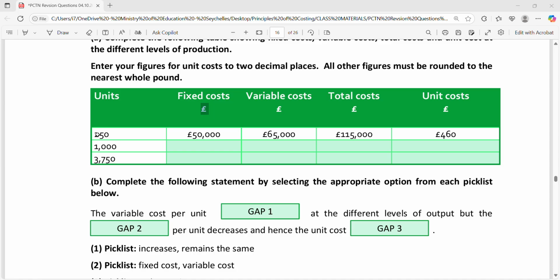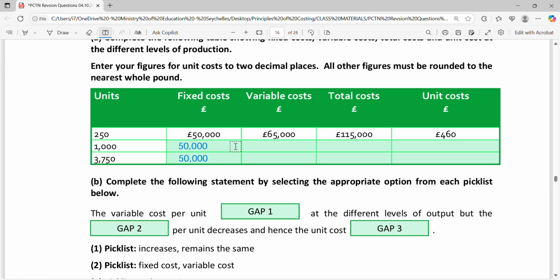Okay, so if we write this, remember the question says all other figures must be rounded to the nearest whole pound. So all these should be to the nearest whole pound, like that. So this would be 50,000 here. And then we have another 50,000 here.